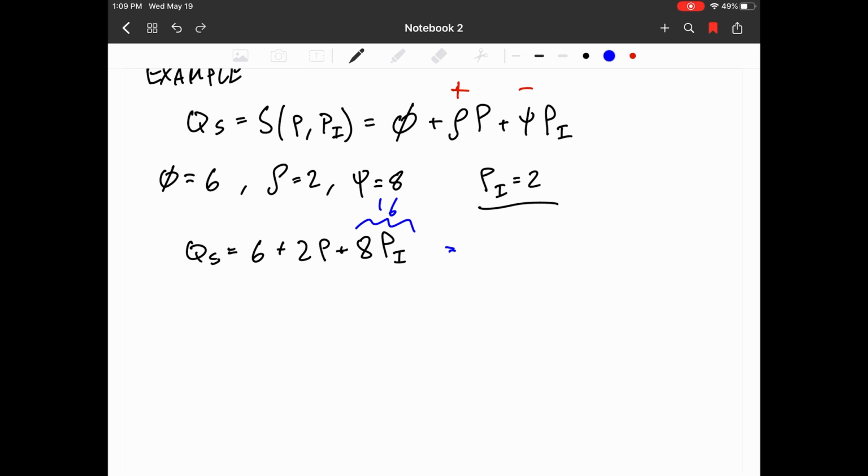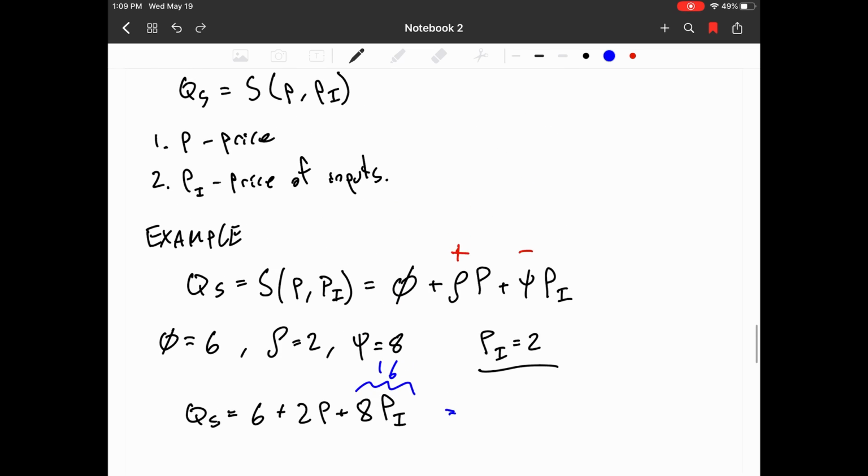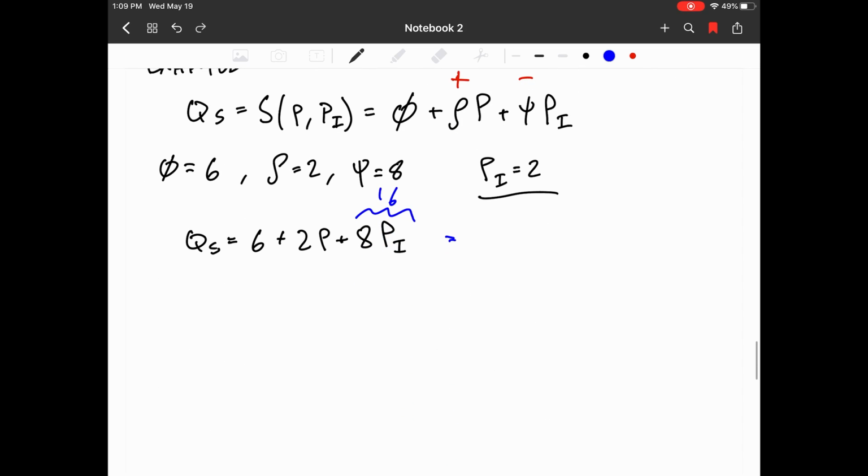Okay, again, I should have set phi equal to -8. This is actually -8, which means this is negative, and we have -16.